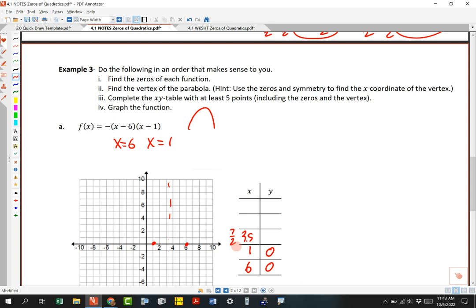Okay, watch. Probably haven't seen this before. I'm going to plug these numbers in here. I'm going to figure out what the y coordinate is. So I'm going to plug in 7/2. I'm going to plug in 3.5.